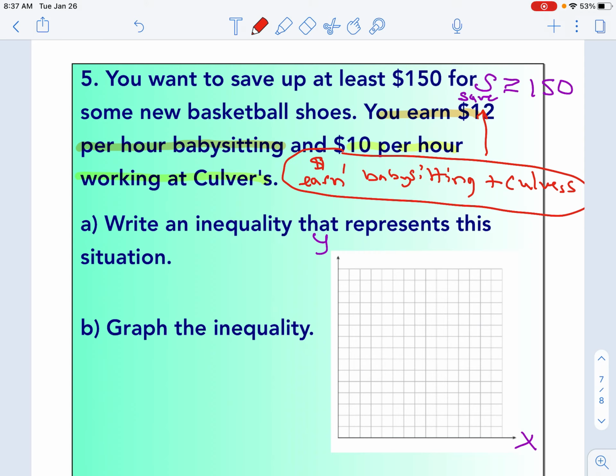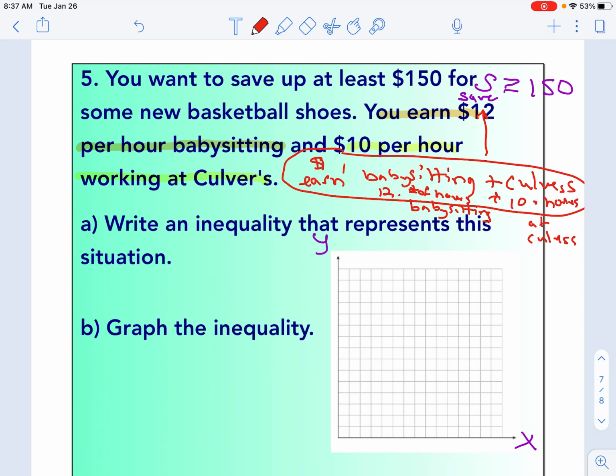Well, how do you figure out how much you make babysitting? Like, how much would you have earned babysitting that week or that month? Well, you would take $12 right here times the number of hours that you babysit, and then you add it with 10 times the number of hours at Culver's that you work.